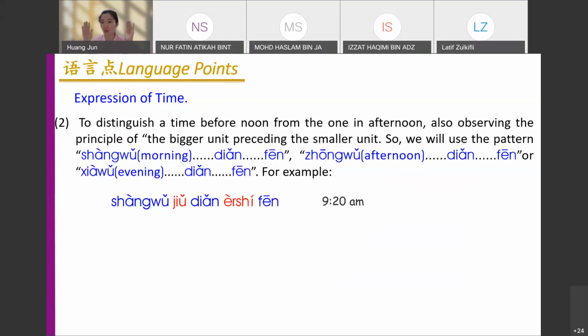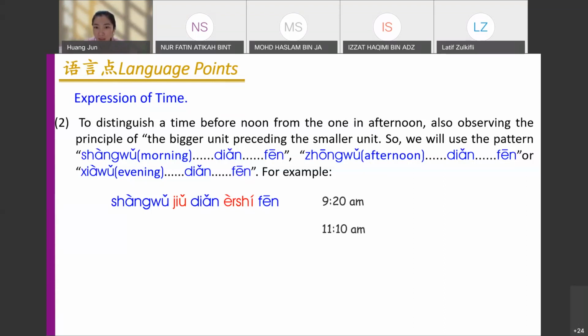That's why 上午 is the longer time, the big time unit put in front. Then we put the time after it. Not like English. In English you put the smaller one in front and the big one at the end. But in Mandarin, it's totally different. So you always have to remember which one is the longer time unit, and put it in front.